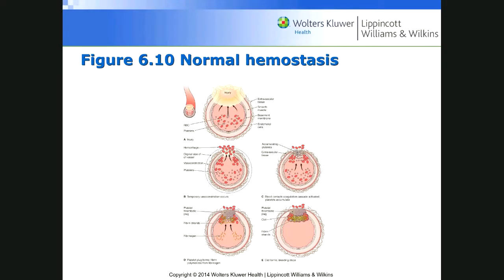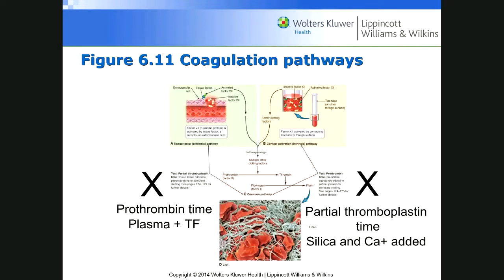Here is just a diagram of the 3 stages needed for hemostasis: the vascular spasm involving endothelial cells, then the platelet plug, and then coagulation. This slide shows ways to tell whether the intrinsic or the extrinsic pathway is defective, when someone has a delay in blood coagulation.